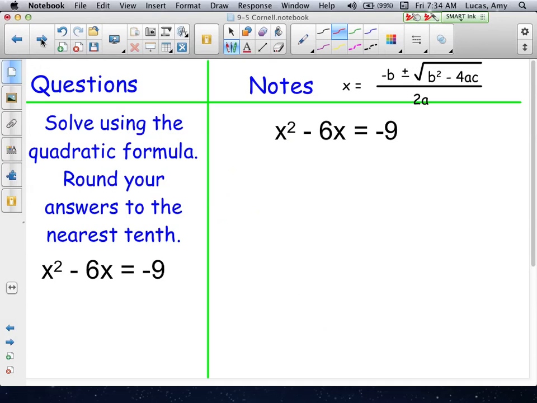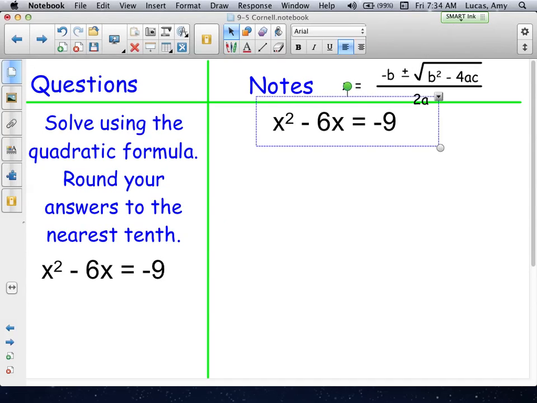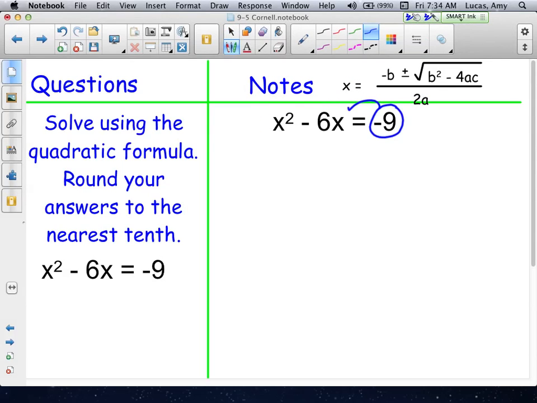Next example, notice that this quadratic is not written in standard form right now, so I have to move this negative 9 over to the other side before I figure out A, B, and C. So you can think of that as adding 9 on both sides to get the 0 on the right-hand side that we need. Now my values are A equals 1, B equals negative 6, and C equals 9.